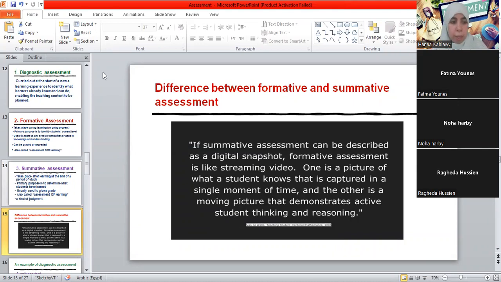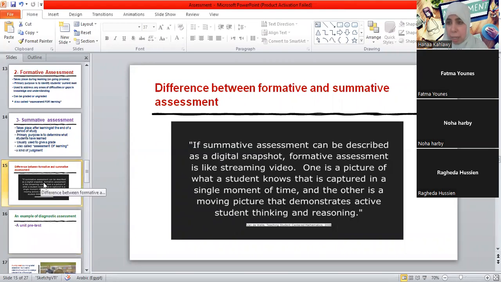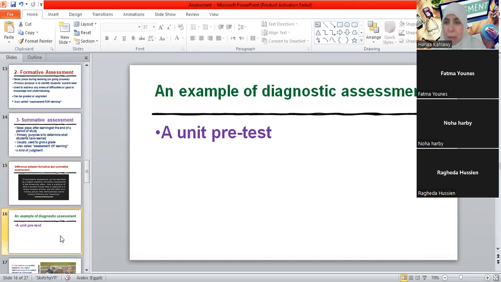Okay. Wow. Let's have a look at an example of diagnostic assessment. As we said, we have a diagnostic assessment before learning to check my students' knowledge, okay? So here we have an example of diagnostic assessment, which is a unit pre-test. Can you guess what is a unit pre-test? I think this is such as when we are going to have a course, they make a placement test for us.